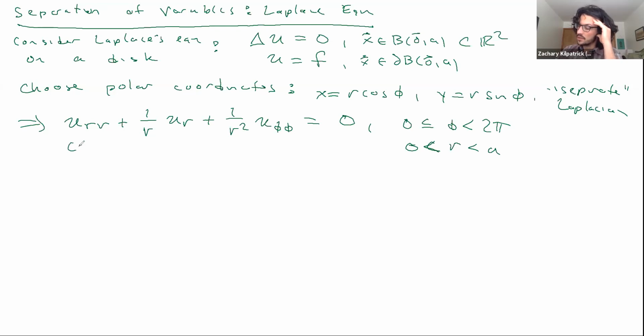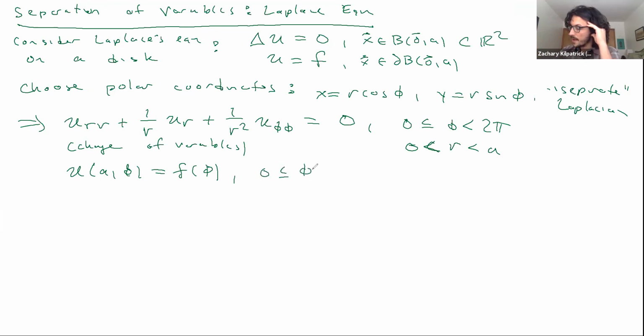Okay. So this is gotten by that change of variables, right? And our boundary condition is now easily defined by setting r equal to a, and we can verify.